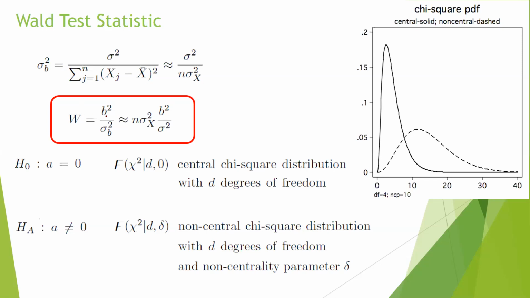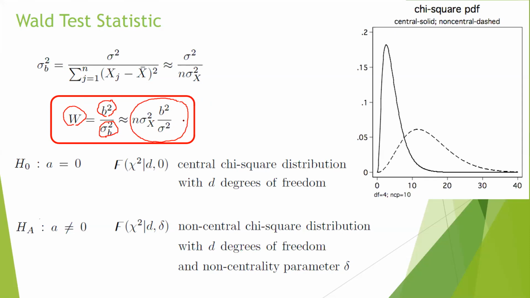We estimate, for example, the additive effect, and we calculate the variance of this estimation. We put them into a ratio to form a Wald test, which is chi-square distributed. So this is the equation for this ratio, the test statistic is here.